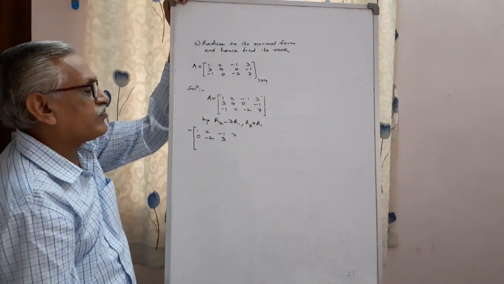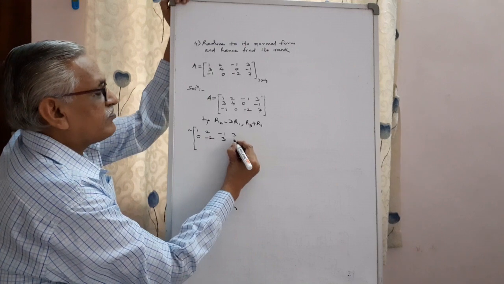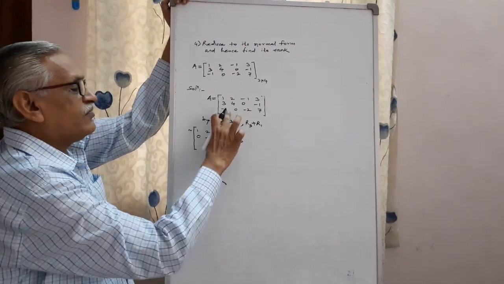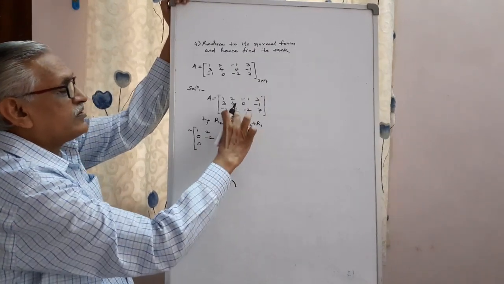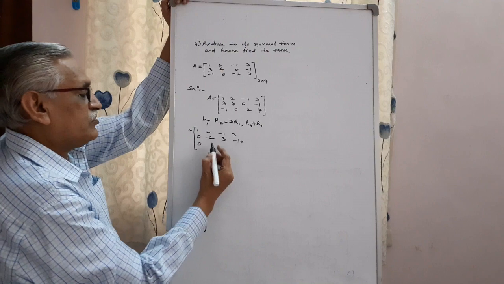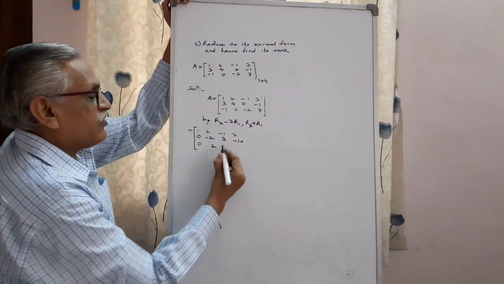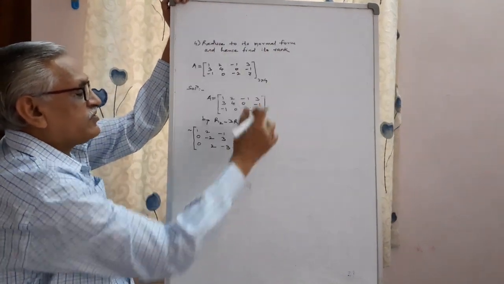Minus 1 minus 3 times 3 is minus 1 minus 9, minus 10. Then applying R3 plus R1: minus 1 plus 1 is 0, 0 plus 2 is 2, minus 2 minus 1 is minus 3, and 7 plus 3 is 10.